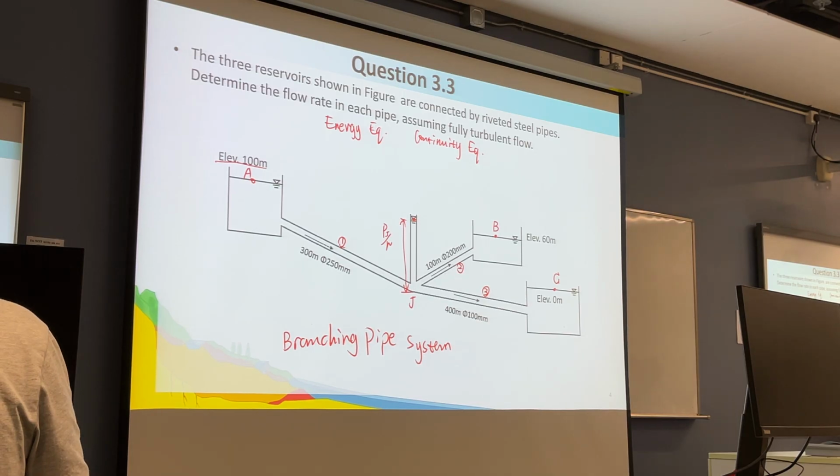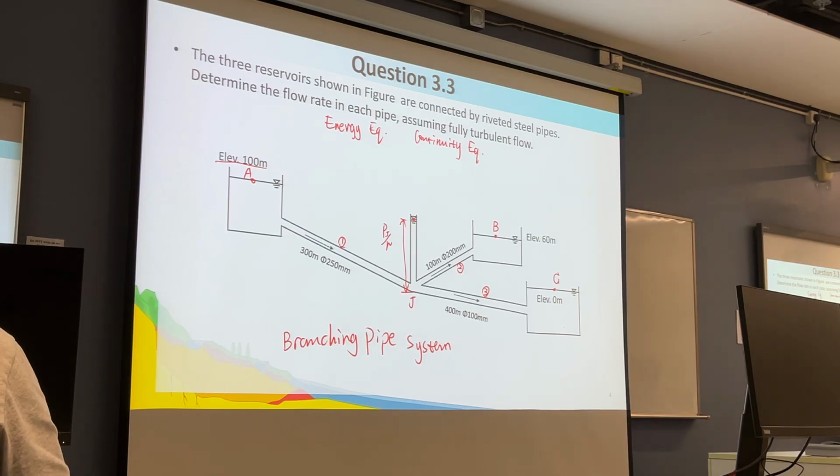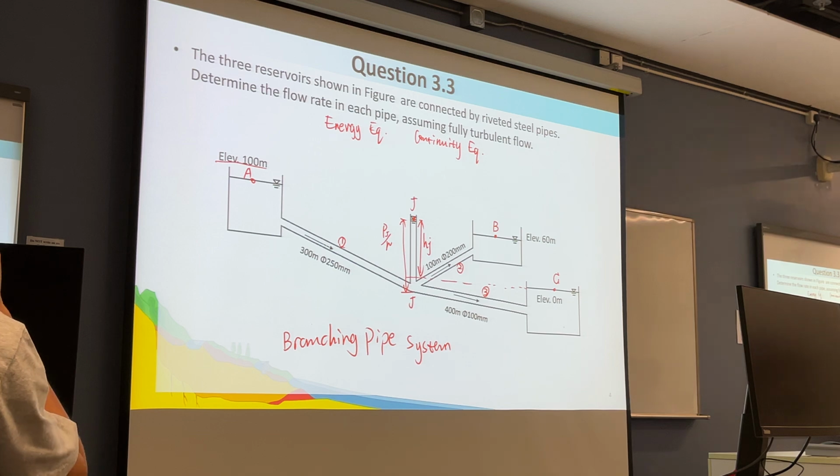Supposedly we are not considering the velocity, and if this elevation is 0, we call this Hj totally. We can consider that the J point may be on the reservoir surface of this manometer.